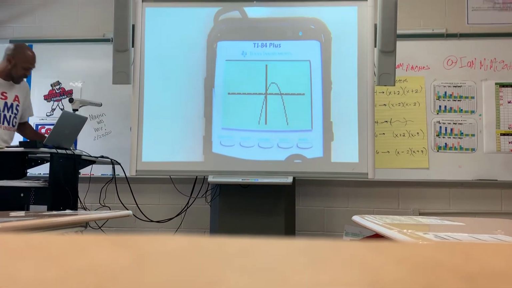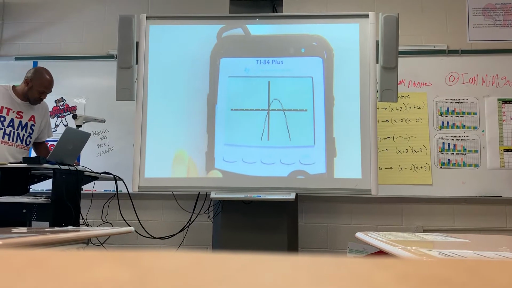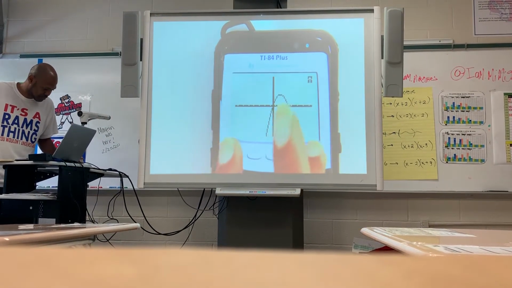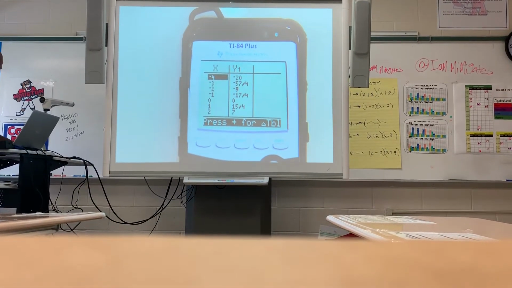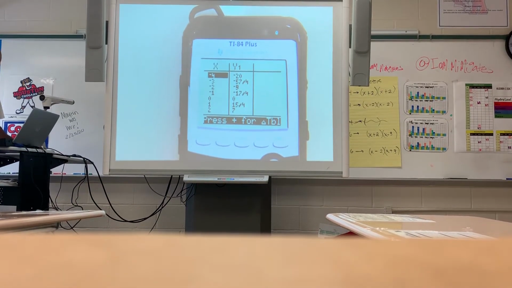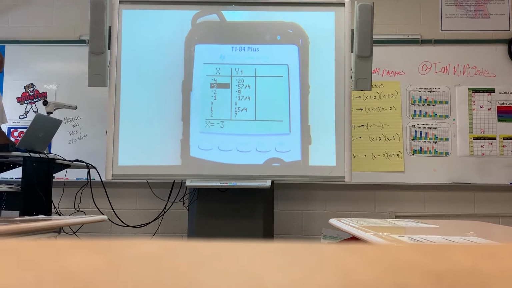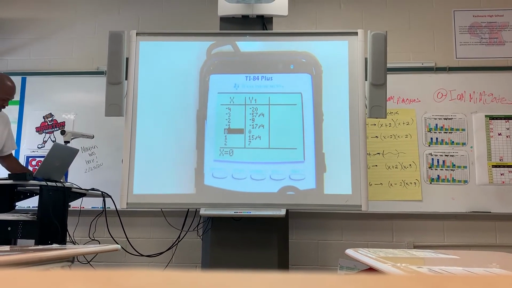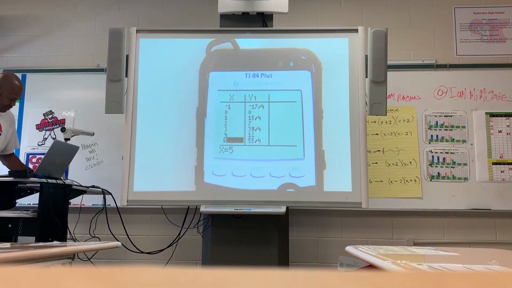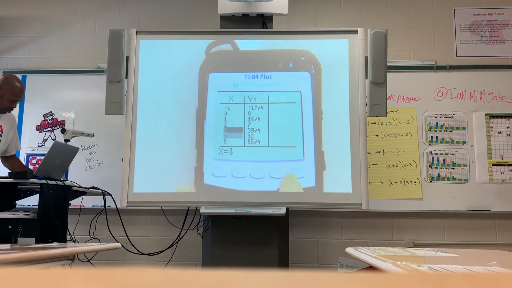Remember, to be precise, we can always look at our table. So just look at 0 and 0. And we'll go ahead and jot down our numbers. And I only want to focus on those whole numbers.